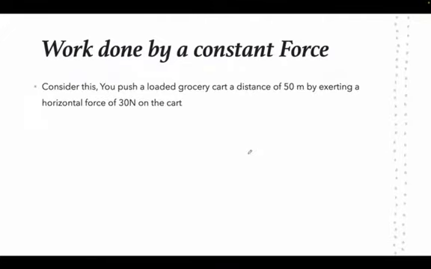So let's look at an example. You push a loaded grocery cart a distance of 50 meters by exerting a horizontal force of 30 newtons on the cart. So you have a cart, right? And you apply a horizontal force of 30 newtons. And the cart moves a distance, or a displacement, of 50 meters.